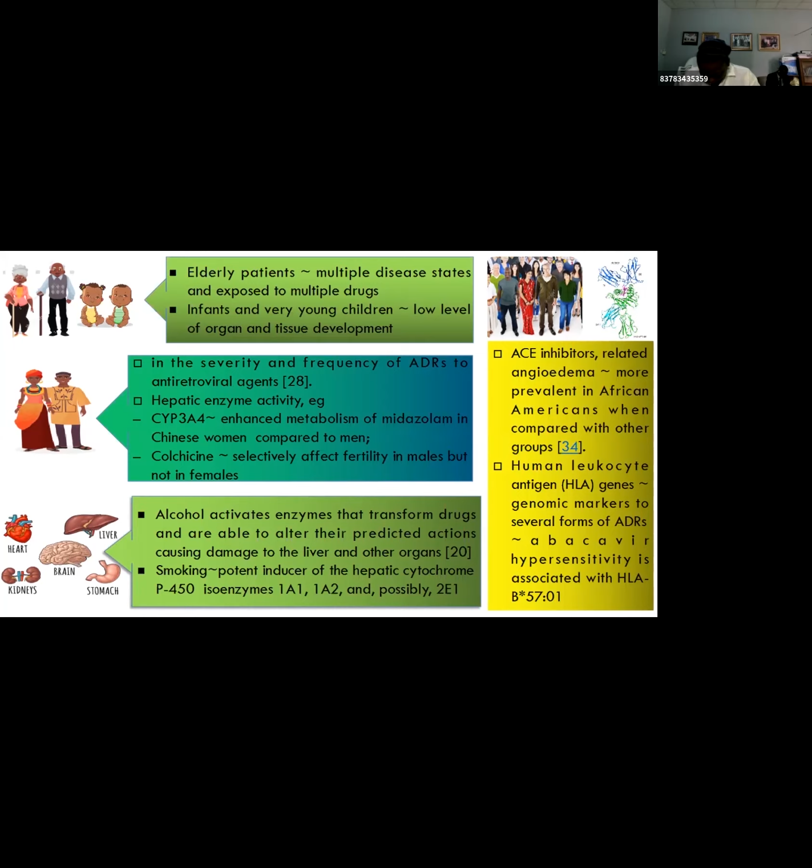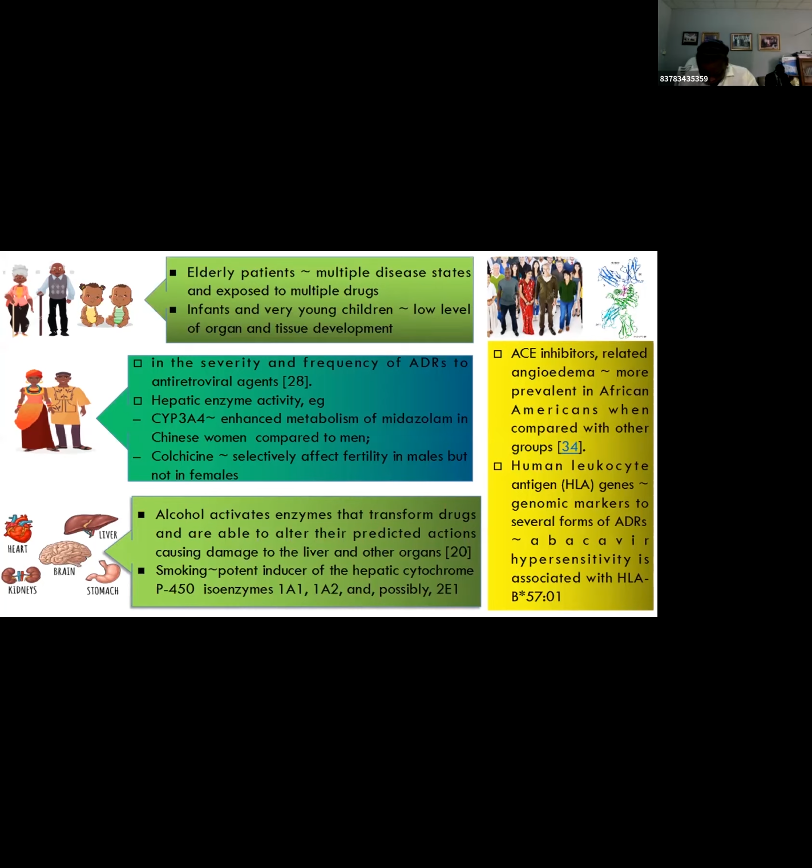In addition, HLA genes, which we know as the human leukocyte antigen genes, have now been identified as genomic markers for several different ADRs. And specifically, we look at abacavir hypersensitivity, which has been associated with HLA-B*5701.